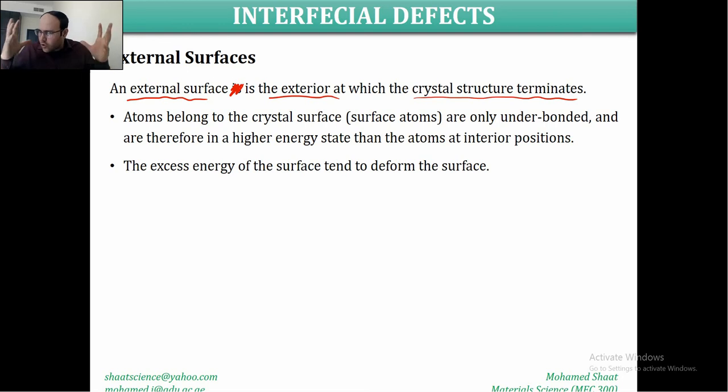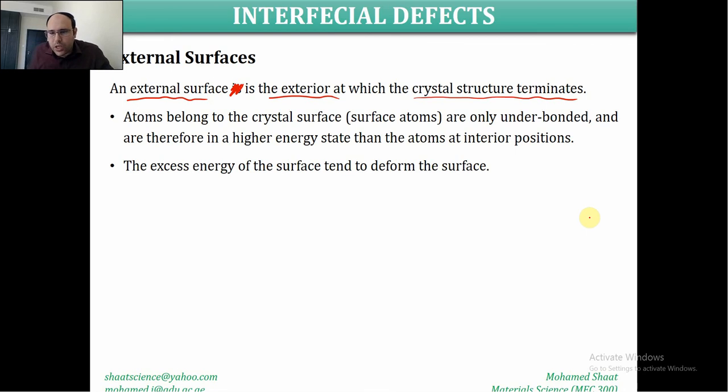Millions, trillions of atoms are forming one crystal of this size, for example. So if we look at the crystal, does it seem like a very perfect cubic shape as we used to see or represent this crystal in chapter 3? No, it will be seen with an external surface, and this external surface will be a very random surface, and it has so many other things.